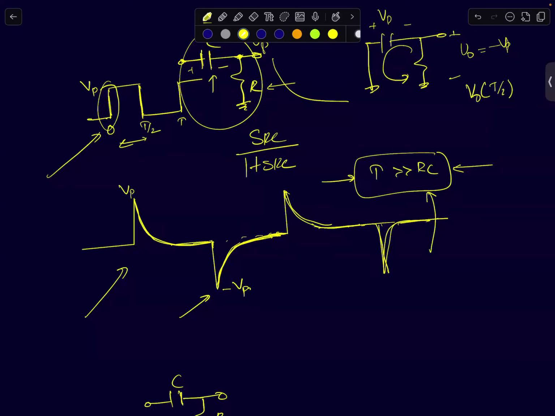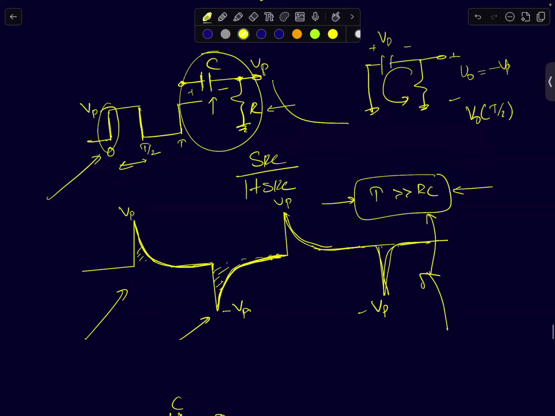What is the DC average of this waveform? It's going from minus VP to plus VP. What is the DC value of this waveform? 0, right? The positive and negative cycles are fully cancelling out. So DC average is 0. And that makes sense because for a high pass filter, the DC gain is 0.